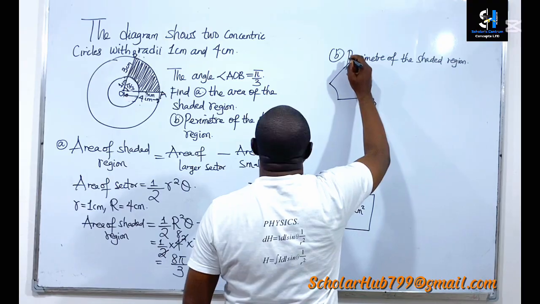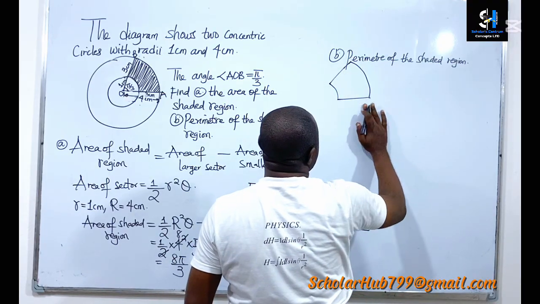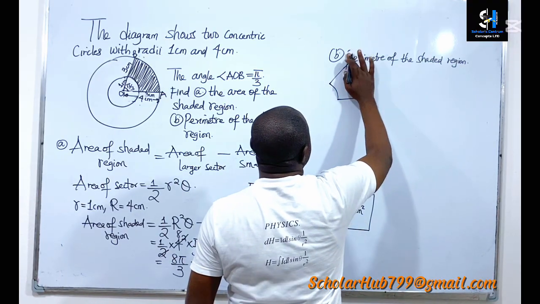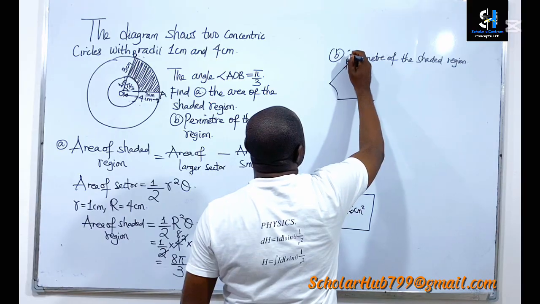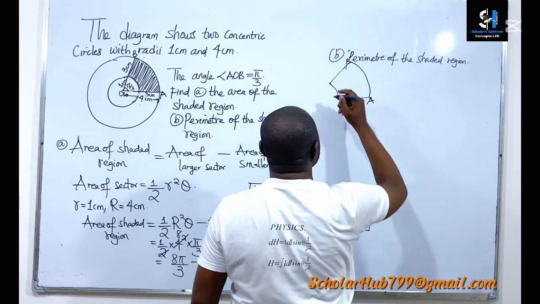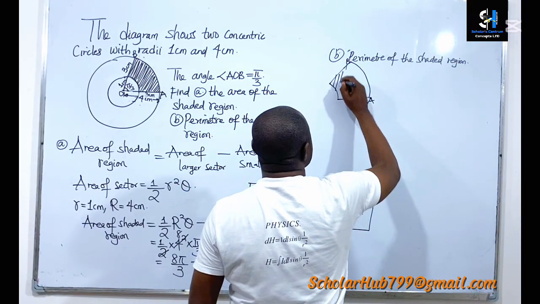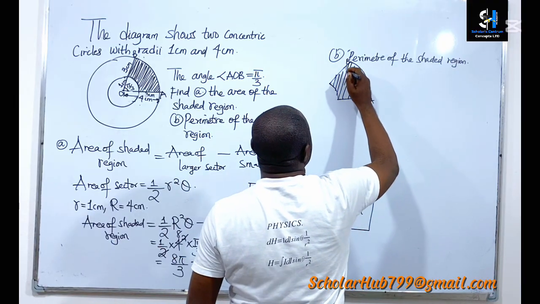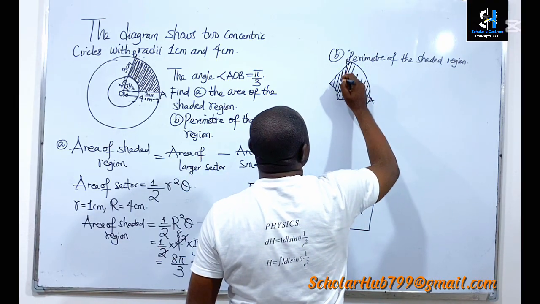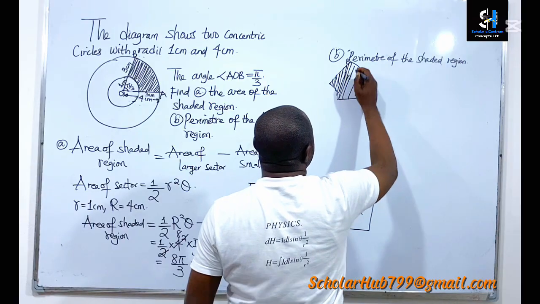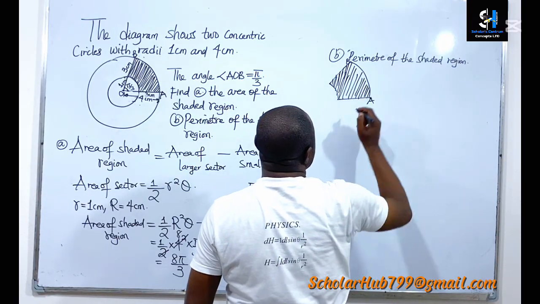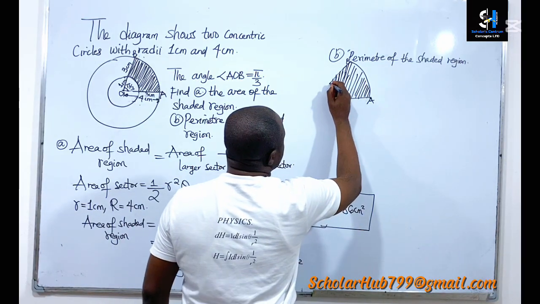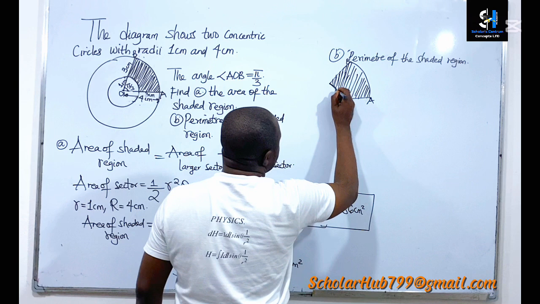This is A, this is B. This is the shaded region. This is the small arc.